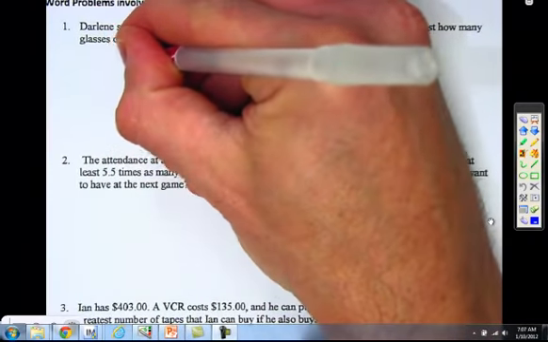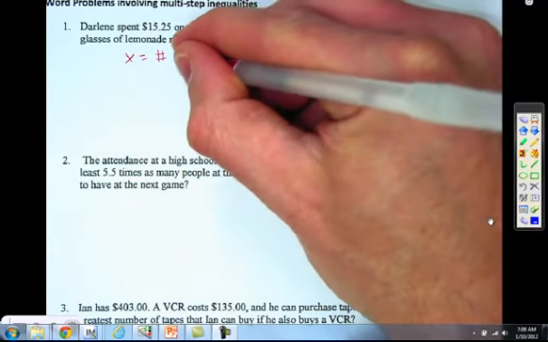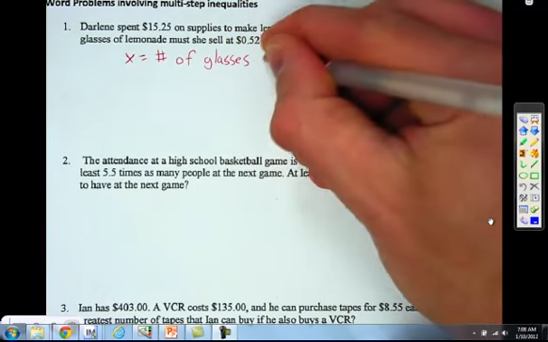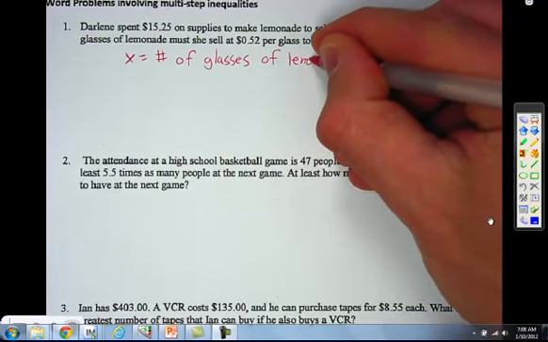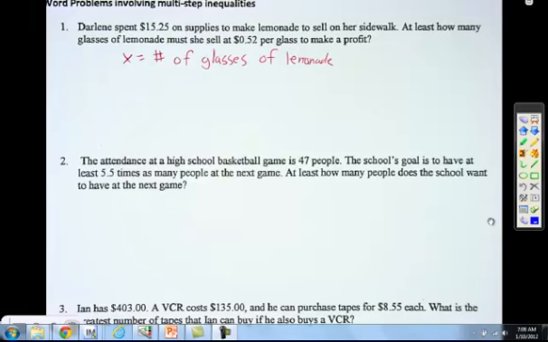So we're going to say x as our variable equals the number of glasses of lemonade. So then what are you going to have to do to the number of glasses of lemonade to make that $15.25?